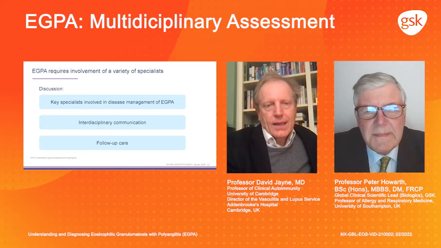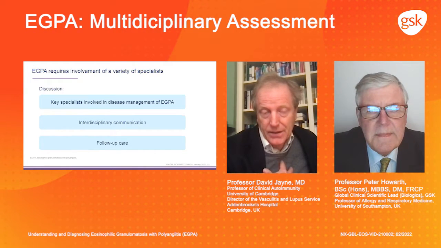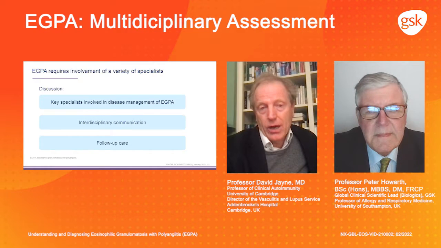So I think the best practice is that EGPA patients are collected under one clinic, or as much as that is practical. But it doesn't actually matter from my perspective the specialty background of whoever runs that clinic, provided they have access to the specialists that they need to support their patients.